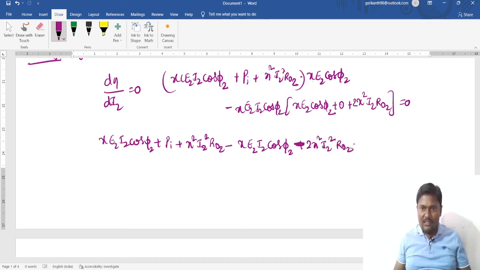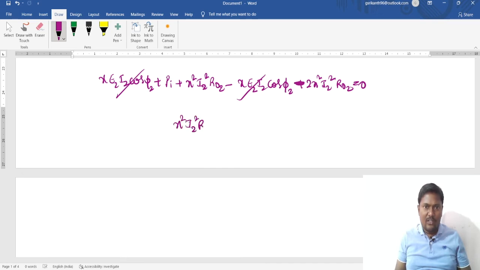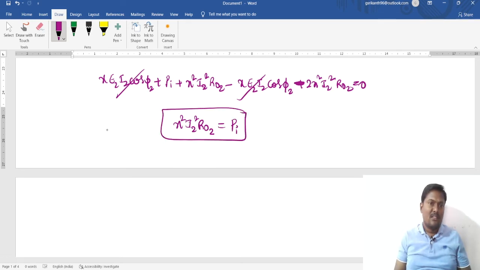This is minus, should be equal to 0, and these two are cancelled. From this, x square I2 square R naught 2 is equal to iron losses. This is the condition for maximum efficiency.